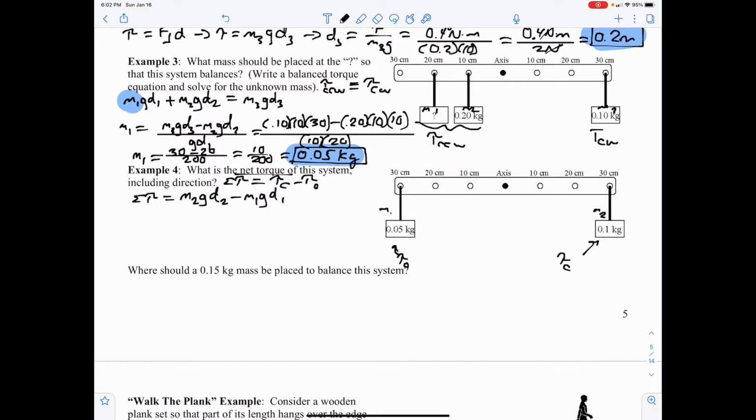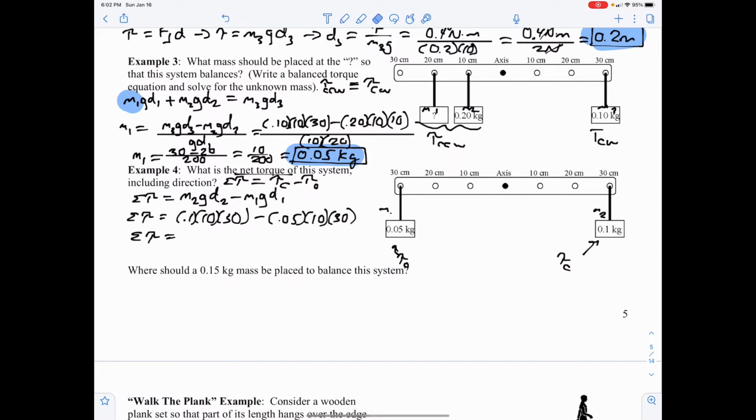Okay, but m2 is twice as heavy. So we're going to go 0.1 times 10 times 30 minus 0.05 times 10 times 30. And in this case, since I'm not solving a balanced torque problem, I should write the units of distances in meters.